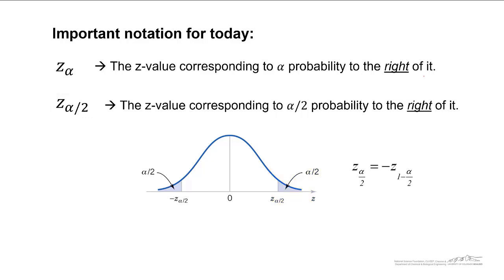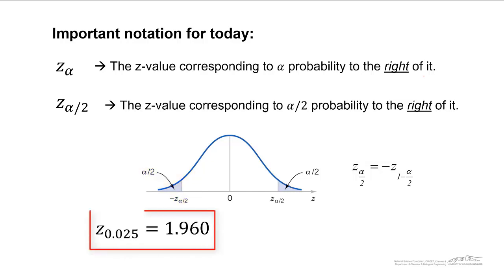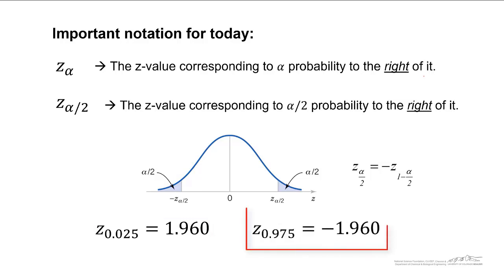Because of symmetry, z sub alpha over 2 is also equal to negative z sub 1 minus alpha over 2, shown in this diagram. We can conclude that z sub 0.025 is 1.960, and z sub 0.975 would be equal to negative 1.960 because of this rule up here.